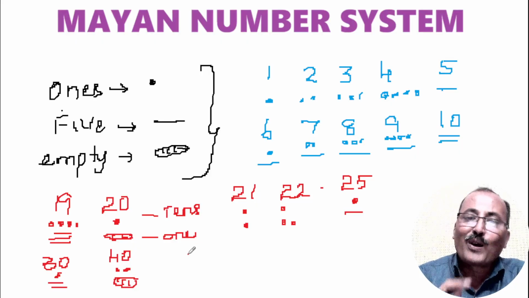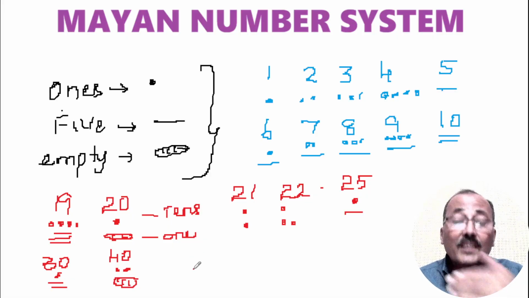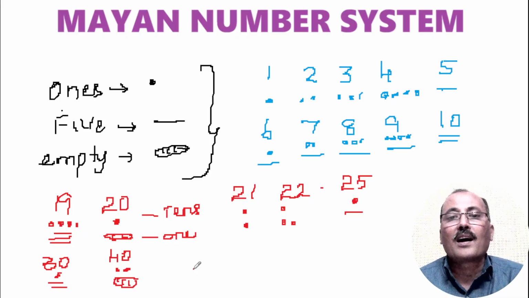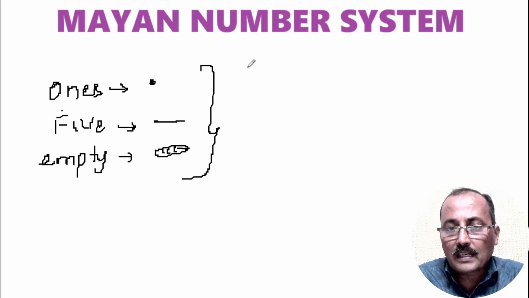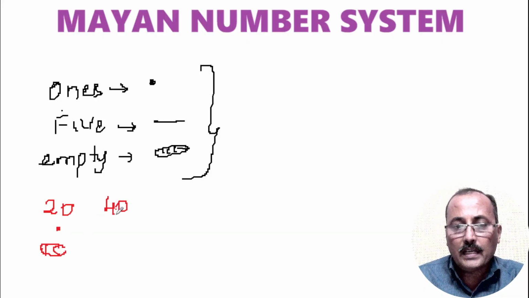One more thing we ought to notice: up to 60 they write like this. What happens after 60? We will see whether they follow the same system or not. For 20 it is 1 dot and 1 placeholder symbol. For 40 it is 2 dots and 1 placeholder symbol.